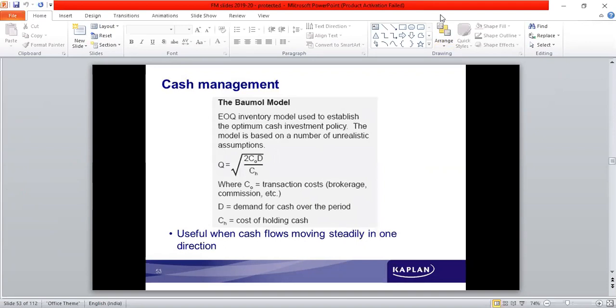Coming to the next one, cash management. In the order of liquidity, we see cash is the first in order.